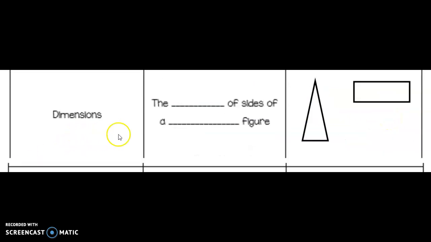In that last example, we were looking at the dimensions of the triangles. Dimensions are the lengths of sides of a geometric figure. We have a triangle here. This is an isosceles triangle because two sides are the same length. We can show that they're the same length with this little dash. So they could have not labeled right here, and we would still know that this was a side length of 8.